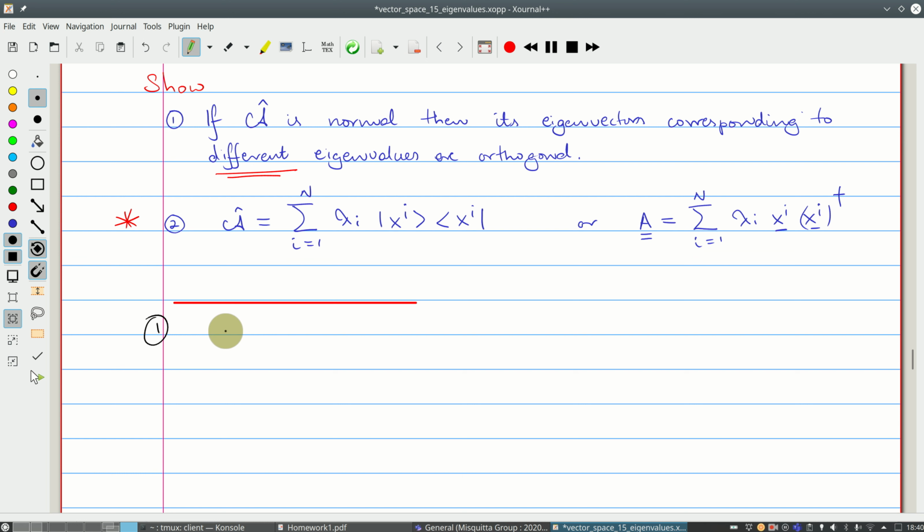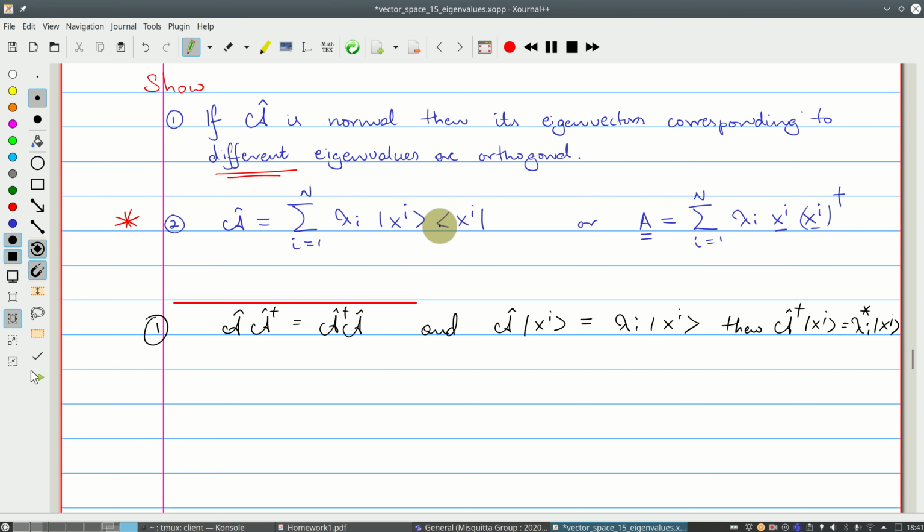So A is normal, therefore A dagger A is equal to A A dagger. And if A xi is equal to lambda I xi, then let's remind ourselves, A dagger xi is equal to lambda I star xi.